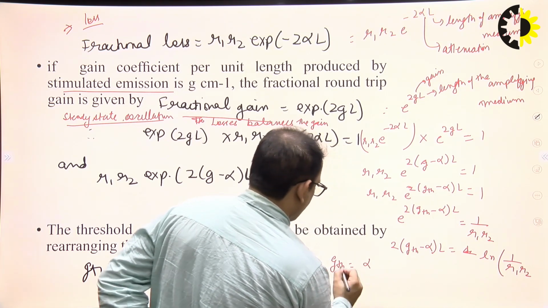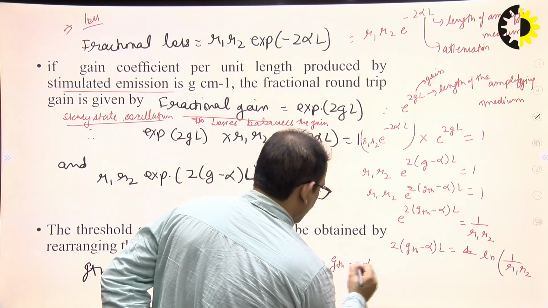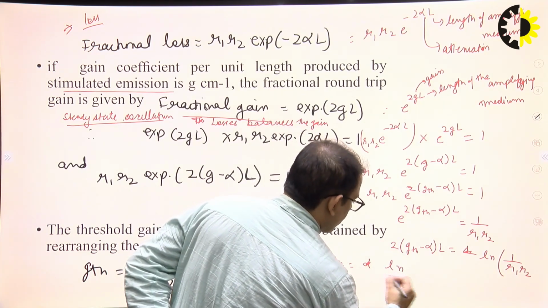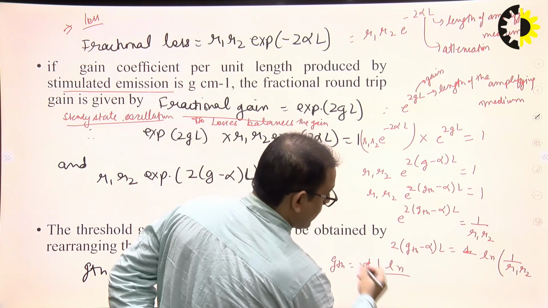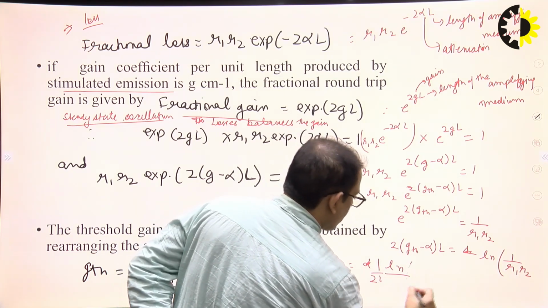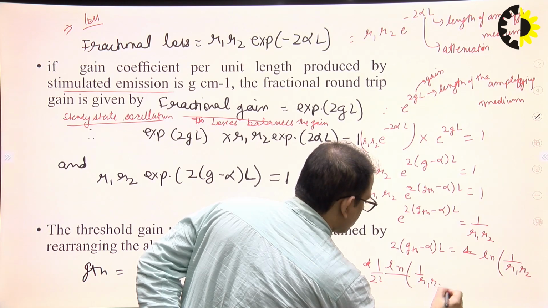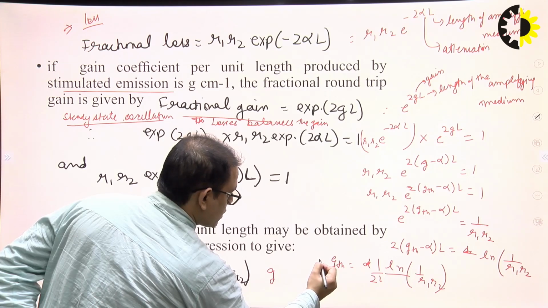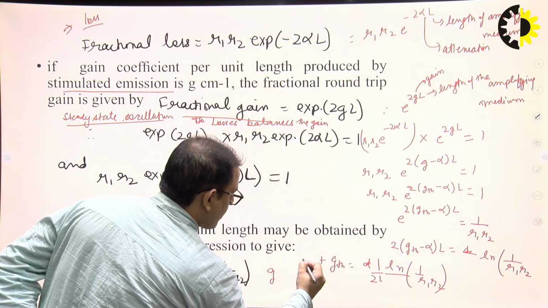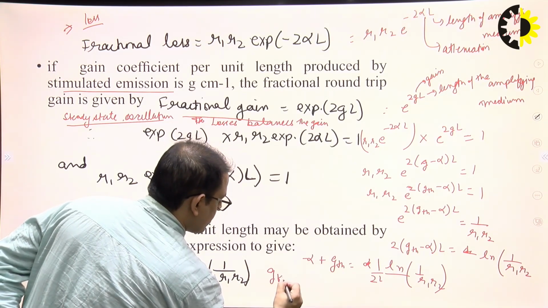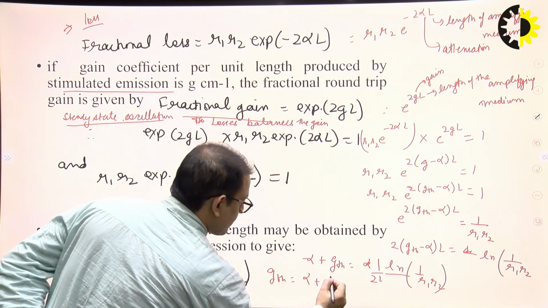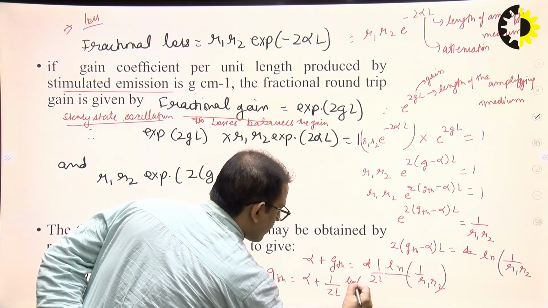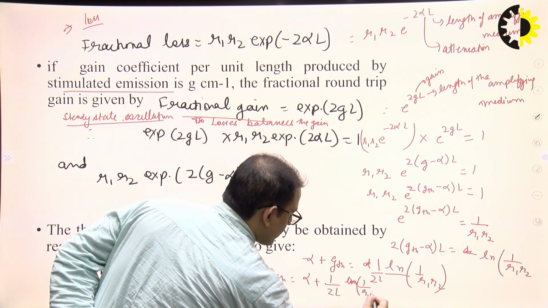Sorry. First of all, 2 L (g_th minus alpha) is the natural log of 1 by R1 R2, and you will see that g_th will be equal to alpha plus 1 upon 2L natural log of 1 by R1 R2.